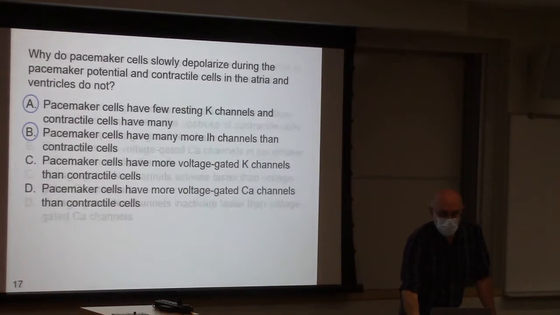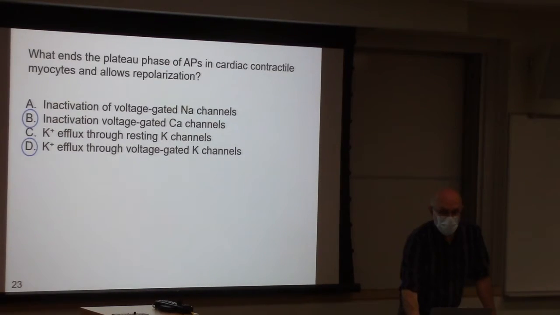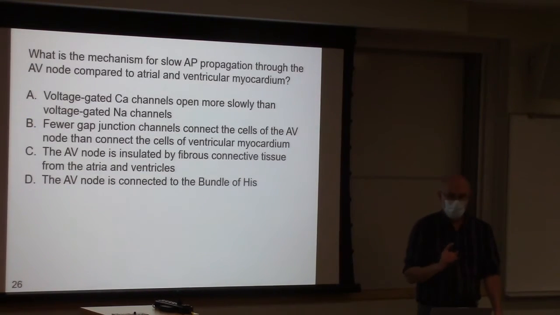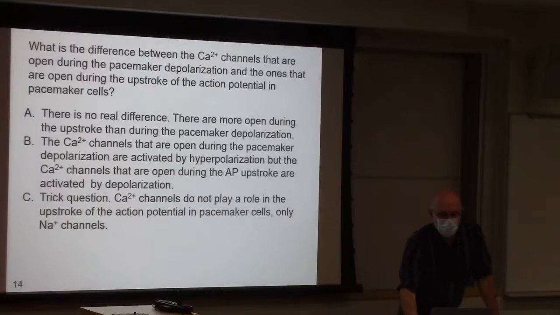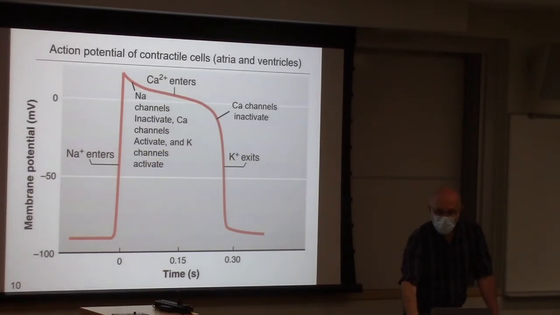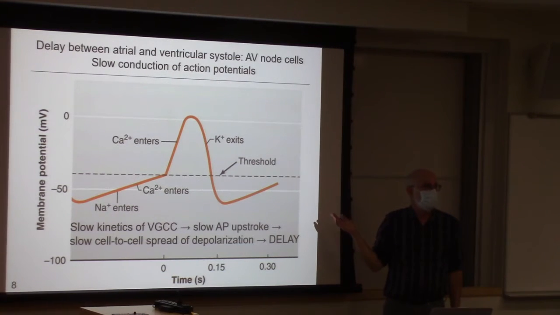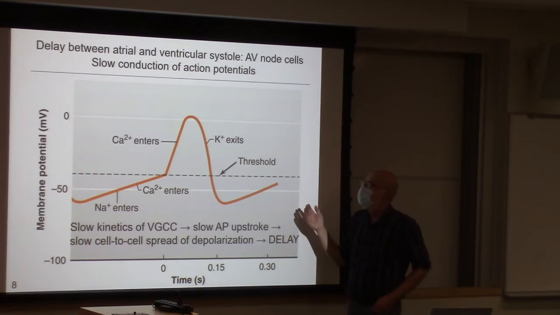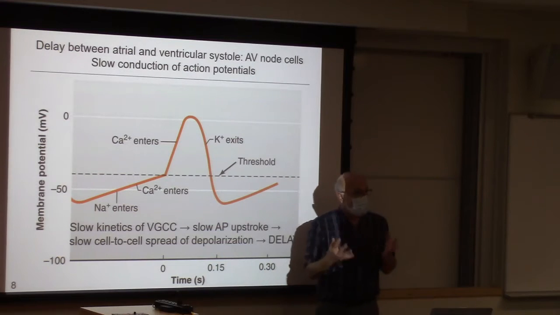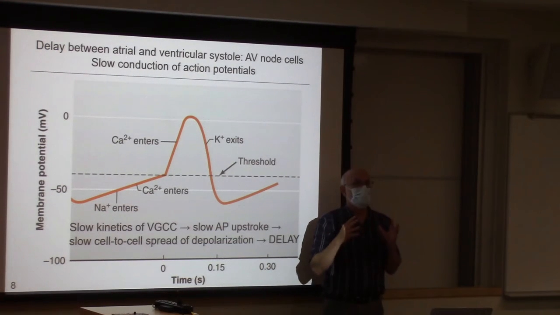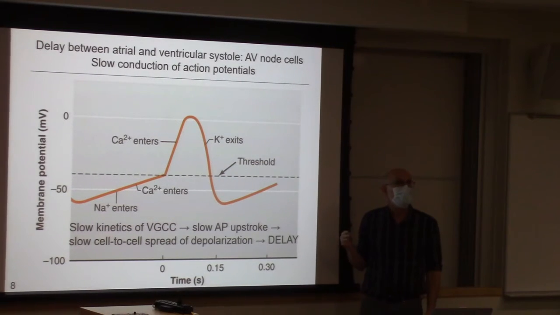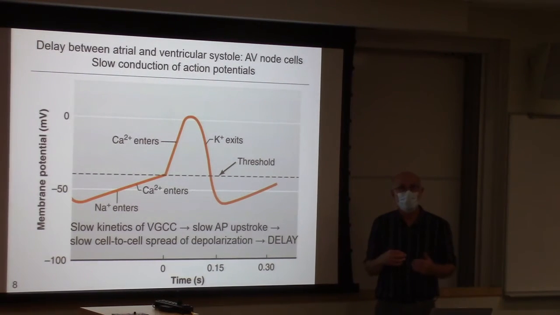Okay, so let's move on. Oh, one more thing. Sorry, I'm just scrolling around like this. This is the slide about the AV node. The AV node, its job is to enforce the delay and to slow conduction from the atria to the ventricles.